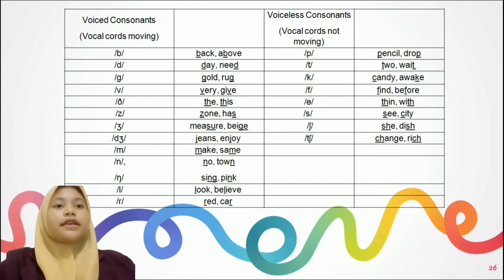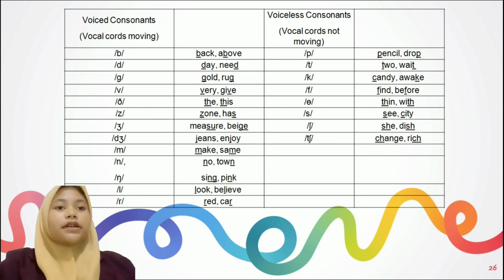Here are example consonants with vocal cords moving. B: back, above. D: die, need. G: gold, rug. V: very, give. TH: this. Z: zone, has.